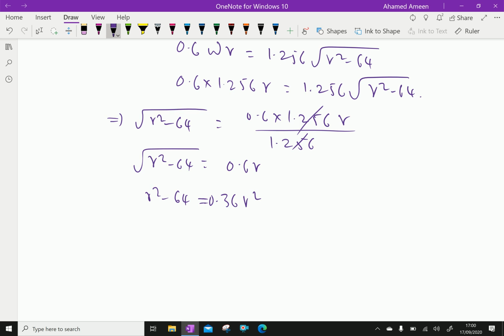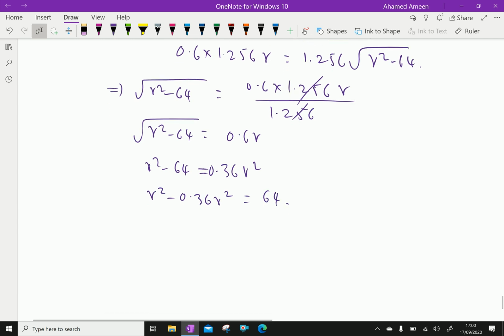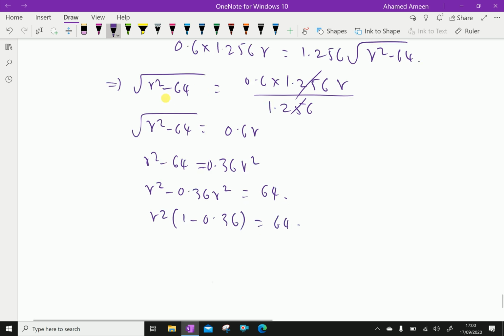Then r squared minus 0.36 r squared equals 64. That is r squared into 1 minus 0.36 equals 64.